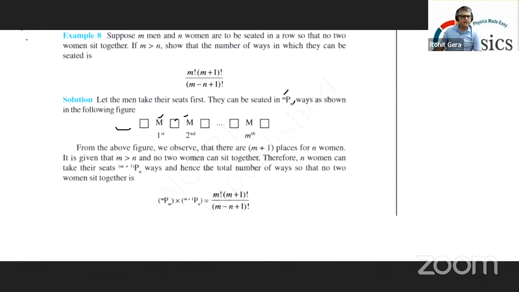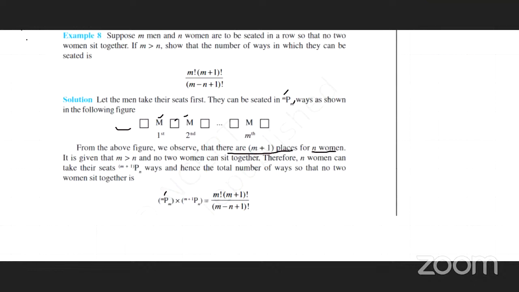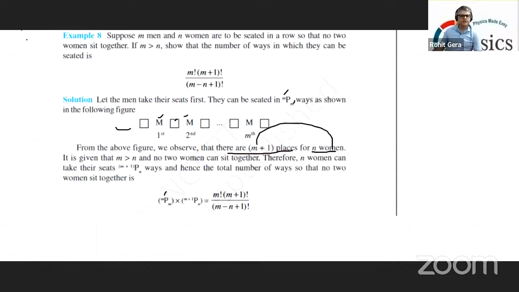So M, P, M. So you're filling up the seats. So this is filling up vacancies, which is permutation. And then you're left with how many spots? M plus 1. N women have to fill up M plus 1 spots. So M plus 1, N. The total vacancies are M plus 1 to be filled by N women.